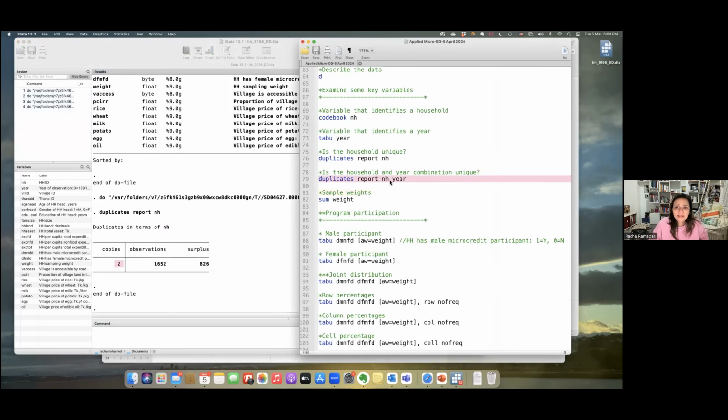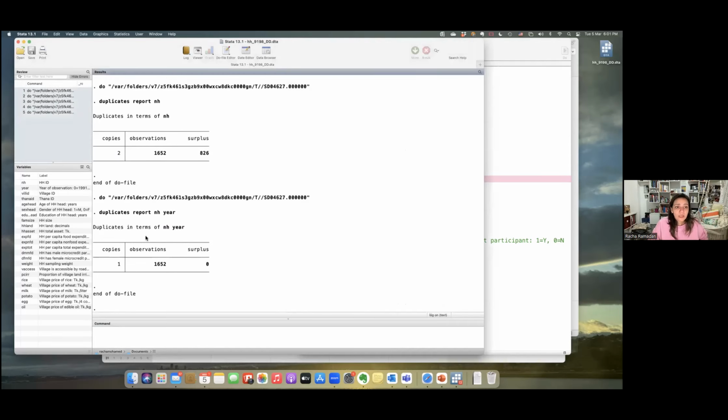I can do the same thing using the two identifiers, the household and the year, to be sure that we really have panel data without any duplication. And here, yes, it tells you that if you use the year and the household identifier, you don't have any copies, only one copy per these two identifiers.